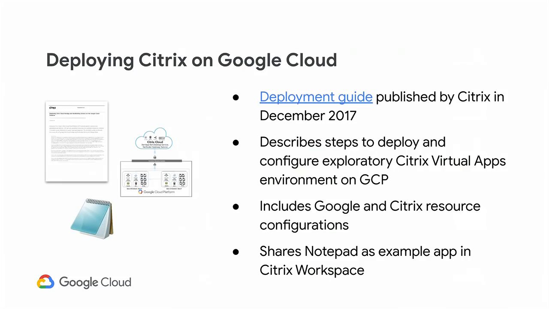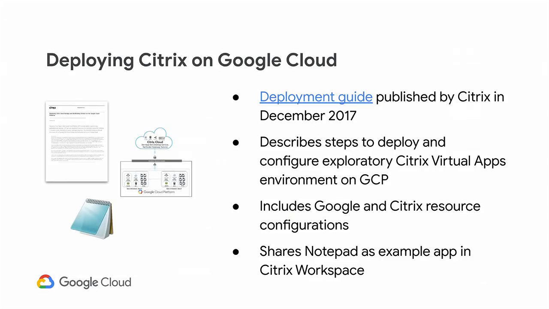So we're going to start by looking at this GitHub project we have. It's based on the deployment guide that Citrix authored in 2017, a reference architecture for how to build Citrix environments on GCP. We wanted to make it easy to walk through an automated process to build those environments, so we used Deployment Manager and PowerShell scripts to bootstrap the instances.